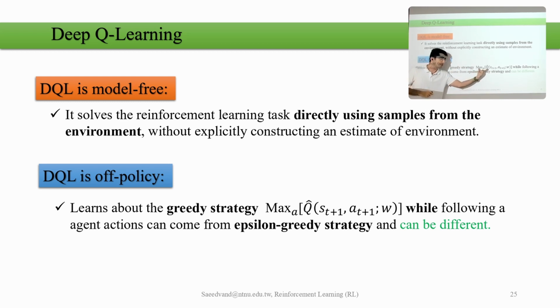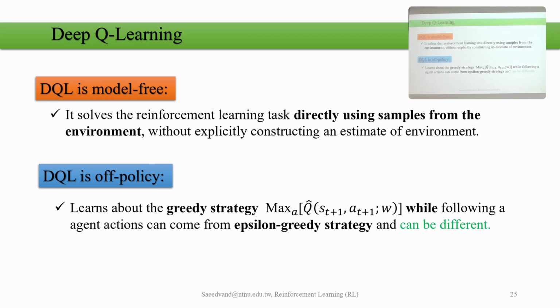Again, I'm just mentioning the maximum of these can be different from the strategy of the epsilon greedy that chooses the action, because the update of the network with the value that we are doing can be different from whatever we're running in the environment, because epsilon greedy can be random in some cases, then it is off policy.